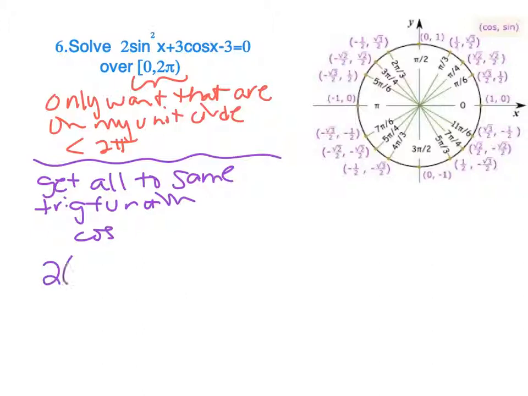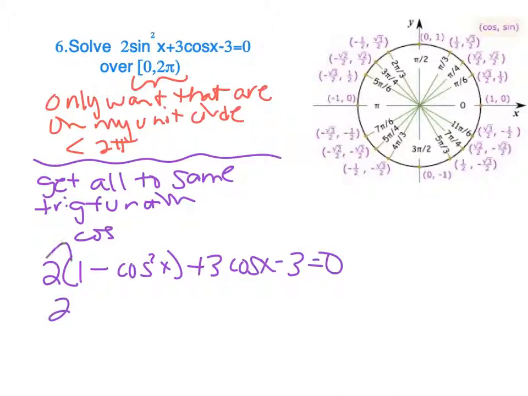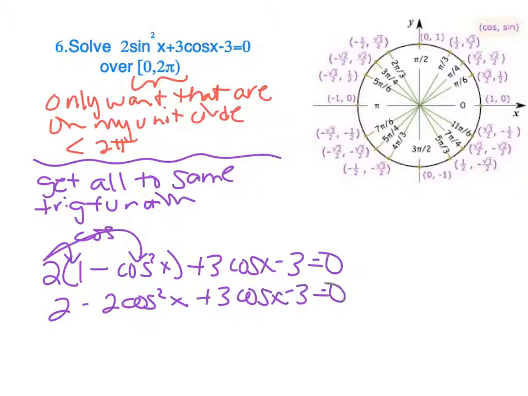So in place of sine squared, I'm going to put 1 minus cosine squared, plus 3 cosine x minus 3 equals 0. So that's 2, distribute, minus 2 cosine squared x plus 3 cosine x minus 3 equals 0.